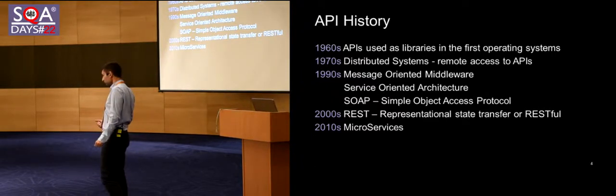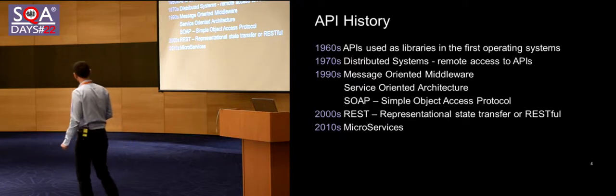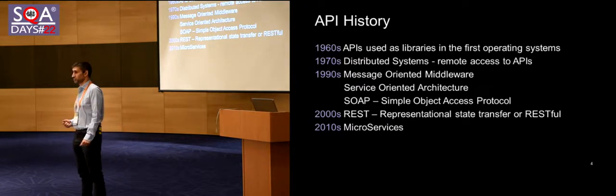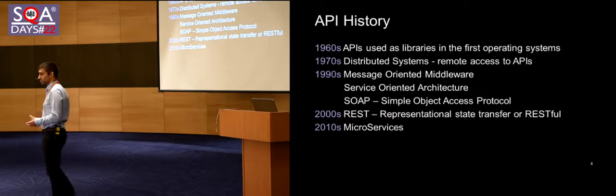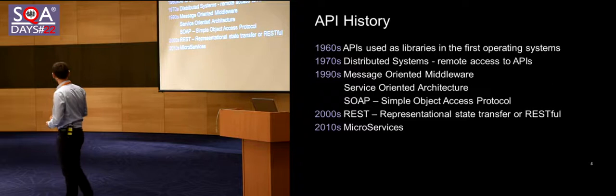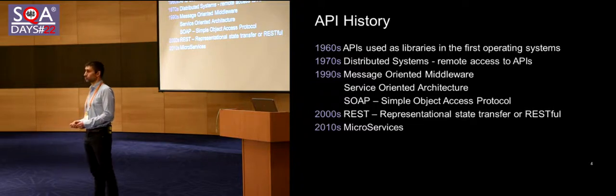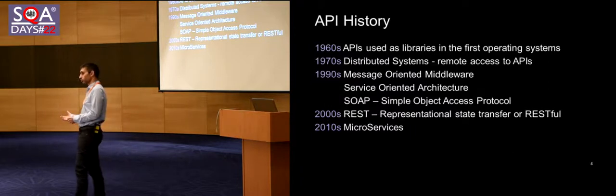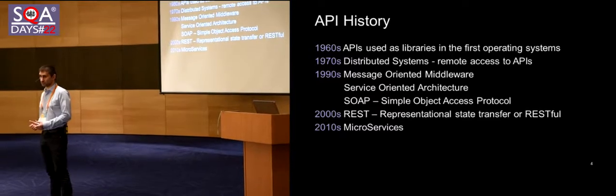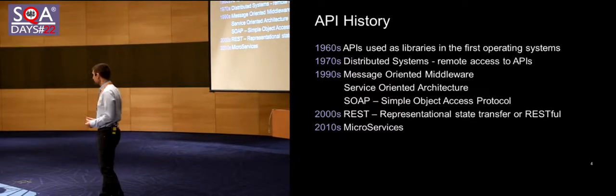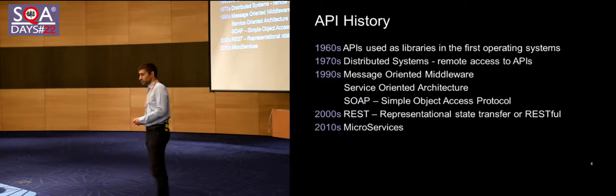And in the 90s, we started to have something different with message-oriented middleware and service-oriented architectures, the SOA. That was a big word at that time. Also with SOAP, Simple Object Access Protocol. Basically, it was possible to call remote APIs, exchanging XML files from one side to the other.